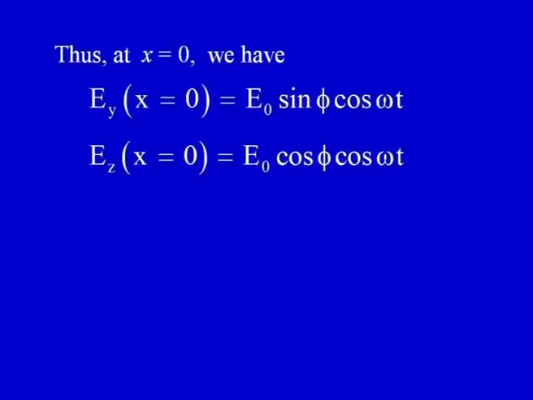At x equal to 0, which was the entry point, we have E y at x equal to 0 equal to E naught sin phi cos omega t, and E z at x equal to 0 equal to E naught cos phi cos omega t.